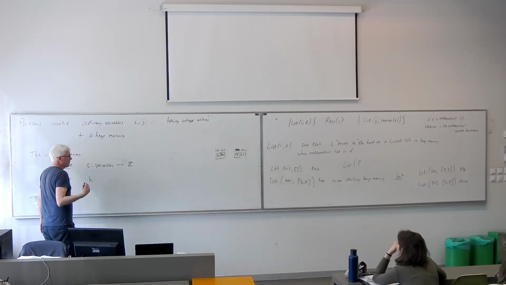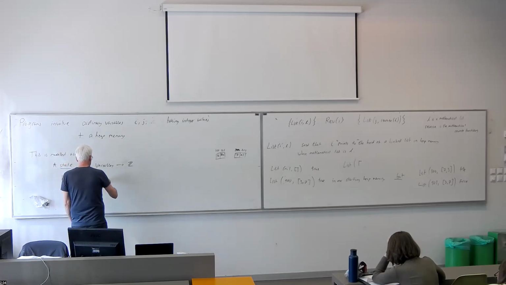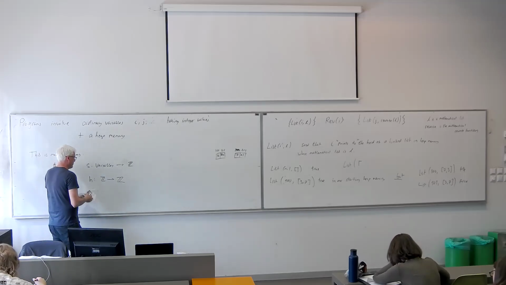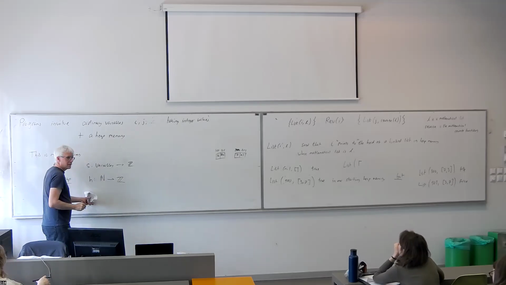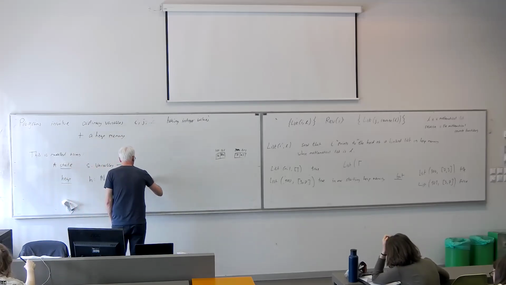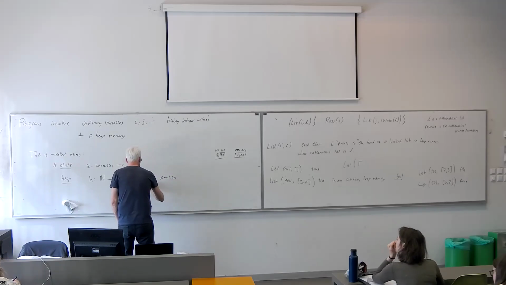And only finitely many addresses will be assigned values. So the heap is going to be a partial function. It'd be a bit funny having negative addresses, so let's make it from natural numbers to integers. So a partial function defined on only finitely many values.